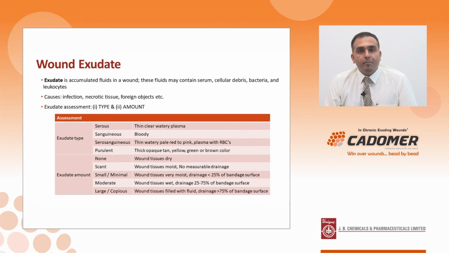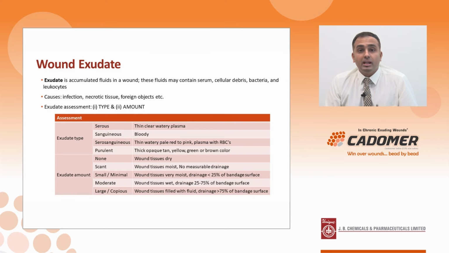Now, it is very important for all of you to understand what is wound exudate. Exudate is nothing but accumulated fluid in a wound that is continuously oozing out from the underlying tissue. What does this wound fluid contain? It contains serum, which is a component of the blood.